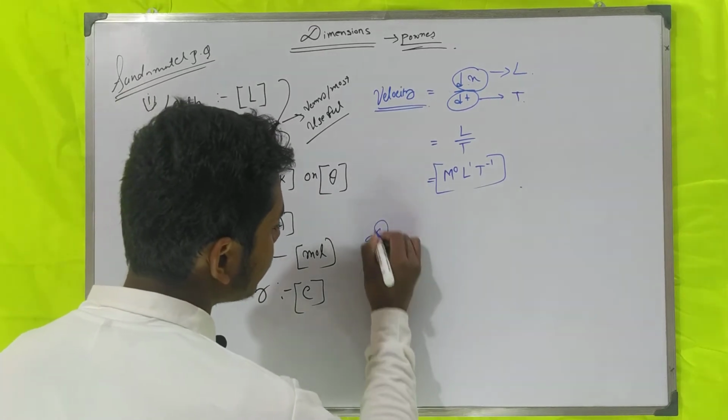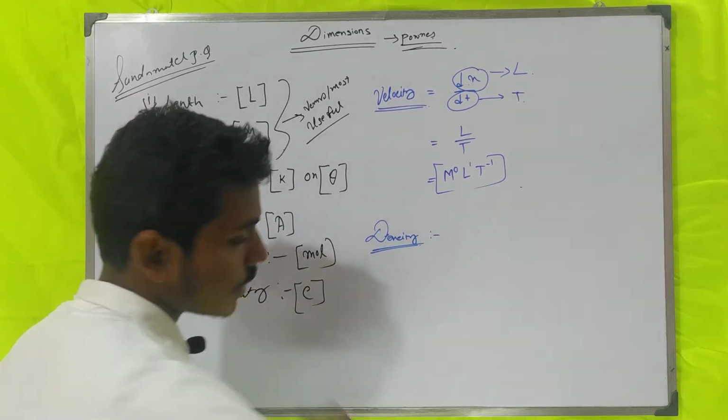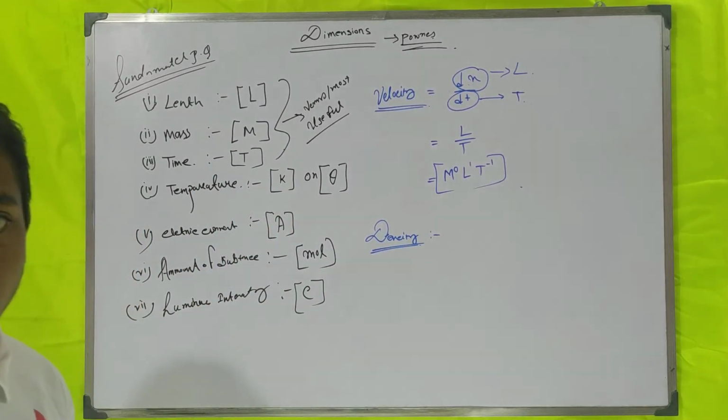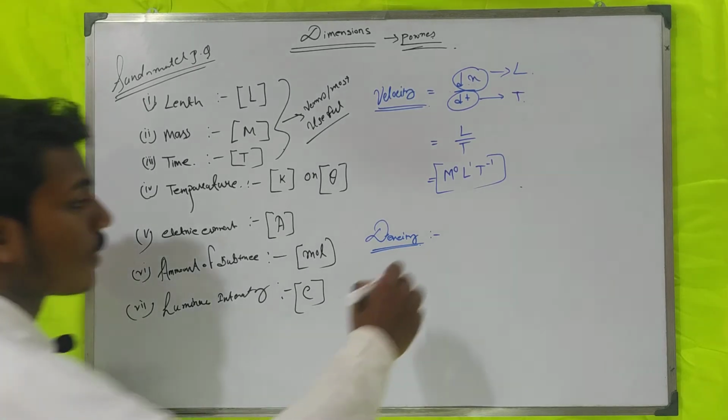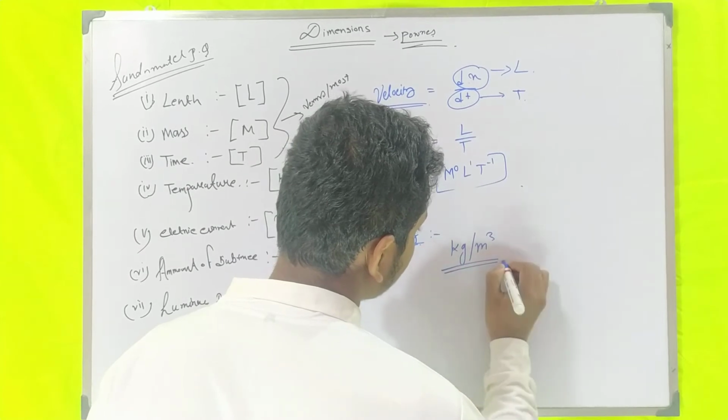Now we will find the density. What is the density? The unit of density is kg per meter cube.